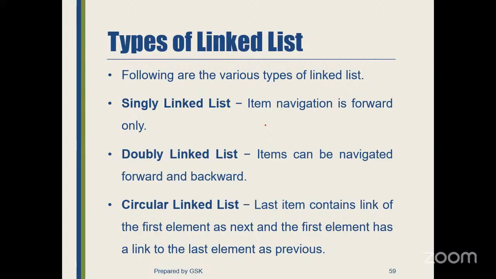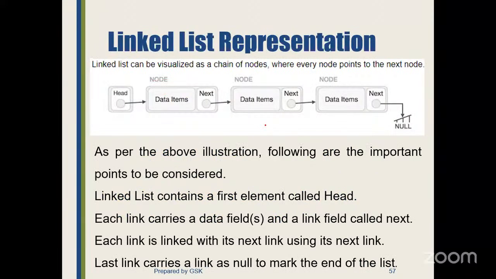First one and very basic one is singly linked list. In singly linked list, item navigation is forward only. So in the singly linked list, we have only forward link. Just now we have seen this single list diagram. Singly link means only one link.